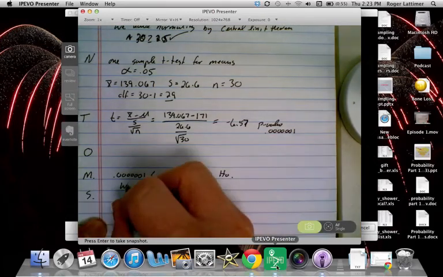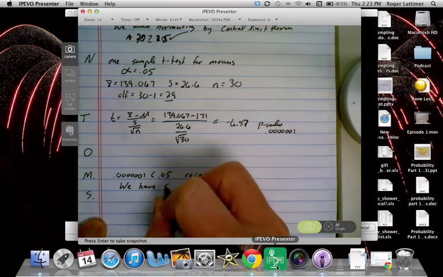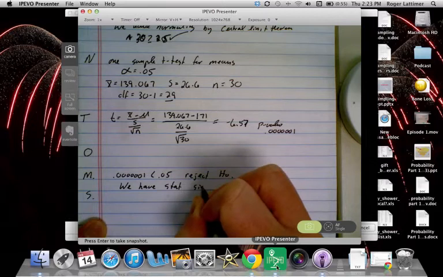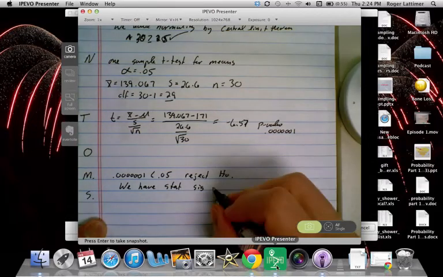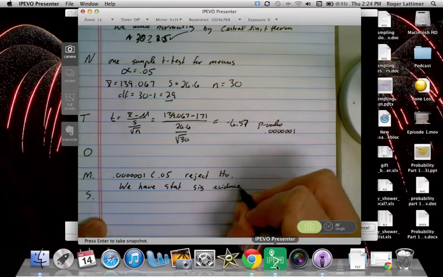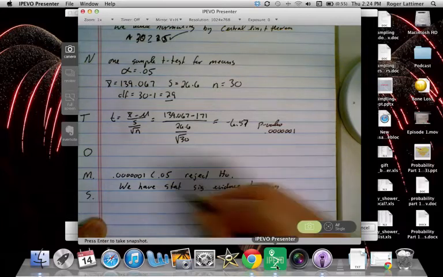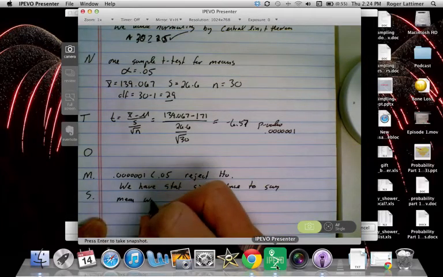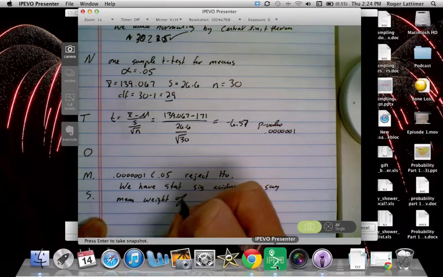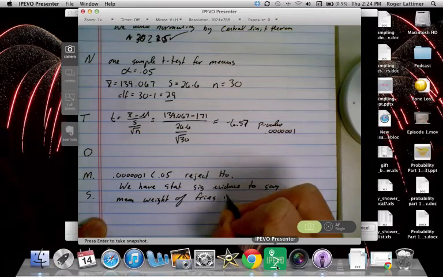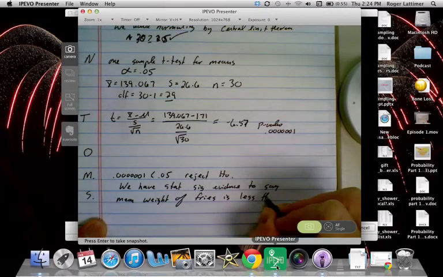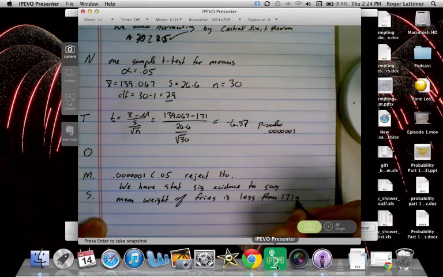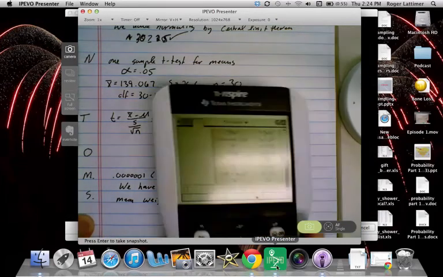Okay? And now we're going to state the conclusion in context. We have statistically significant evidence to say the mean weight of fries is less than 171 grams. And what I might do here is go make a confidence interval real fast.